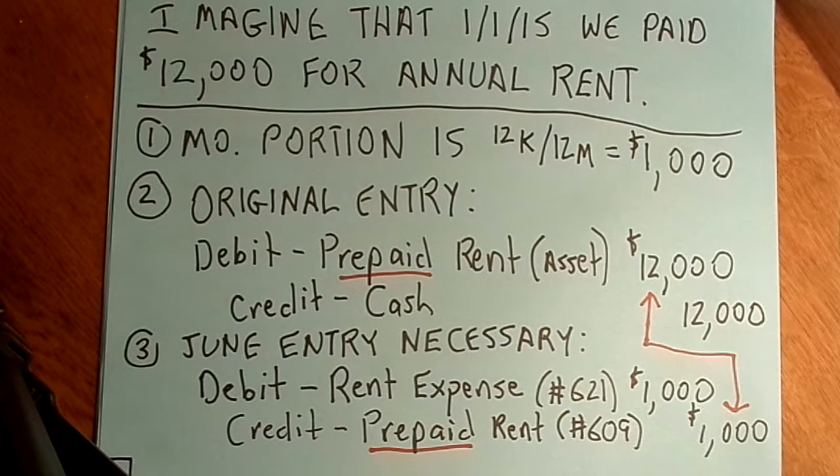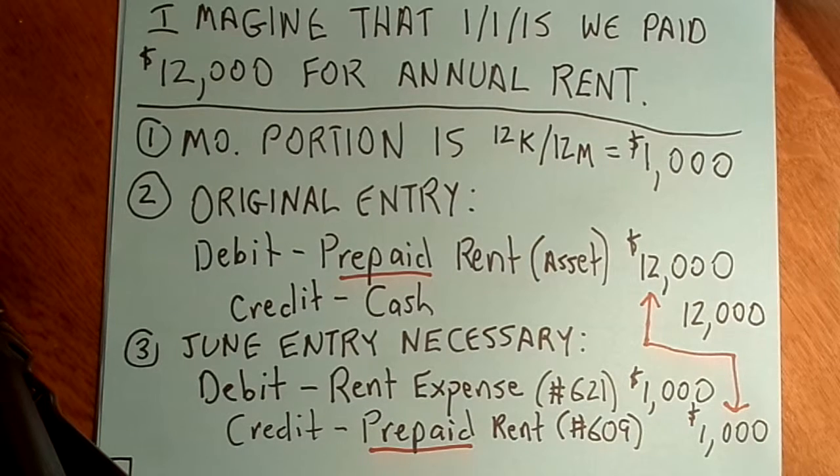For example, imagine that on January 1st, 2015, we paid $12,000 for annual rent. Well, we haven't incurred the rent yet, but we had to pay it in advance. So, we would have debited prepaid rent $12,000, credited cash $12,000, but then monthly adjustments would be necessary.